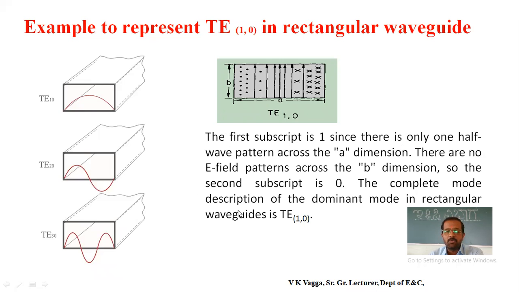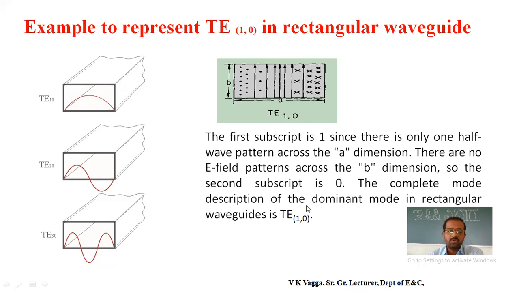So the complete mode description is called the dominant mode in this case, and it is represented as the TE10. The TE indicates the transverse electric mode, and the 1 is the value of M, and it consists of a single half wave pattern along the wall A.